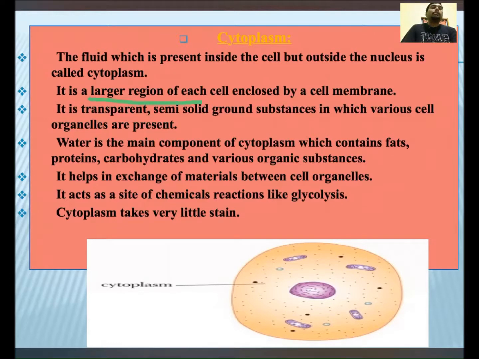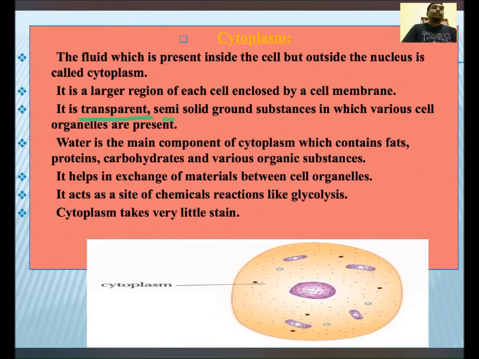It is a larger region of each cell which is enclosed by the cell membrane all around. In an animal cell, only the cell membrane will be there, but in a plant cell there will be one extra layer outside the cell membrane, that is the cell wall.